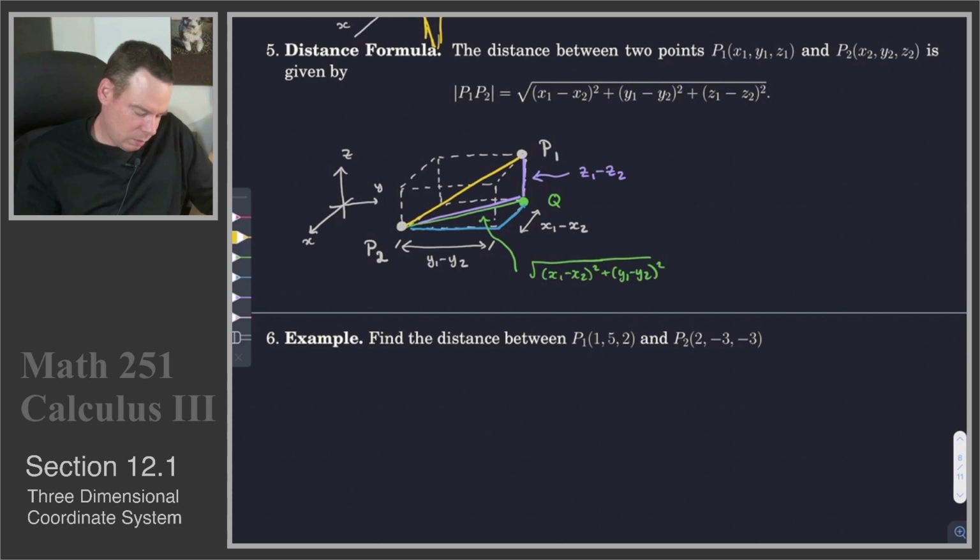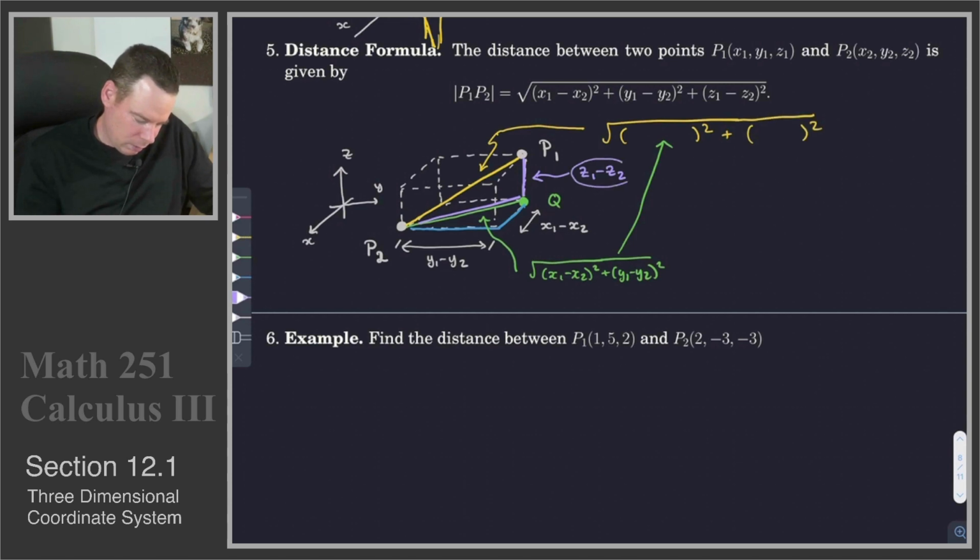And so I can use the fact that the length of the hypotenuse of a right triangle is the square root of the sums of squares of the other two sides, or in other words, the Pythagorean theorem. So what we get is that length is going to be the square root of the square of the green side plus the square of the purple side.